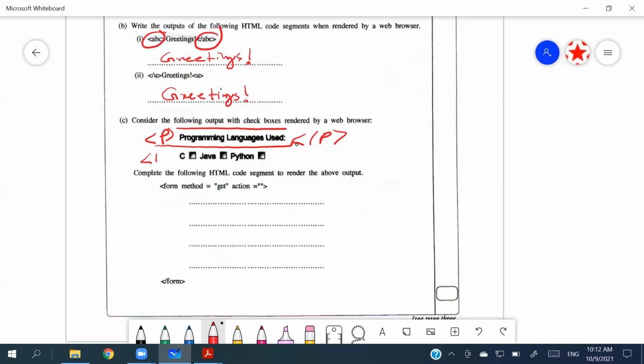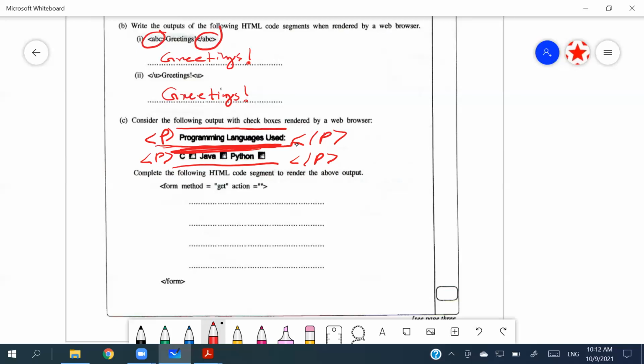For the checkboxes, if you put them inside a paragraph, it does the same thing: the top and bottom lines will be empty. It will insert empty lines before the paragraph and after the paragraph tag. If you put both in paragraph tags, it still gives you the same output, because the empty line from the first paragraph tag and the empty line from the second paragraph tag overlap.